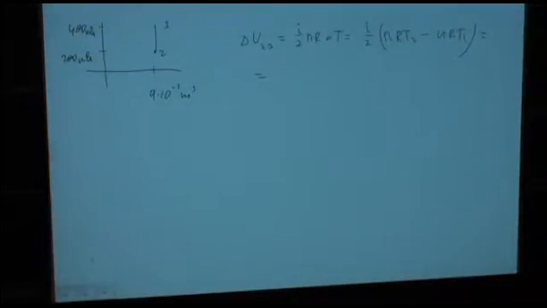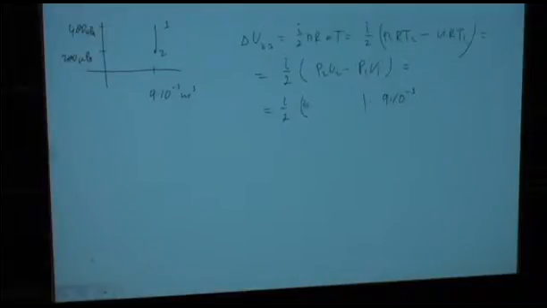And as we know, well, in this situation, the volume is a common factor. It's a constant, so 9 times 10 to the negative 3rd.